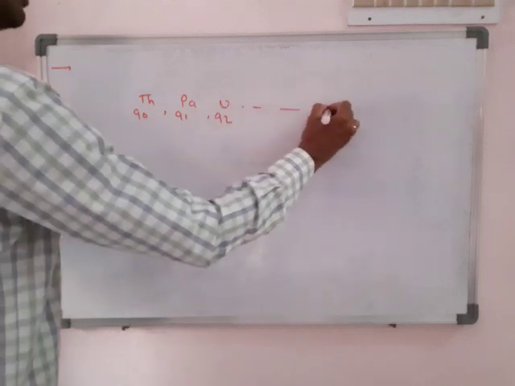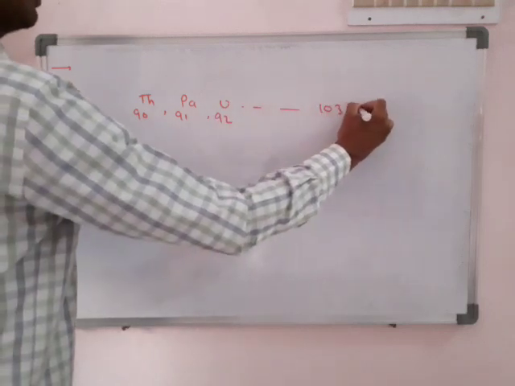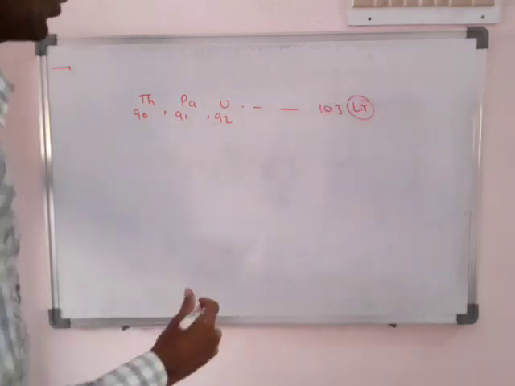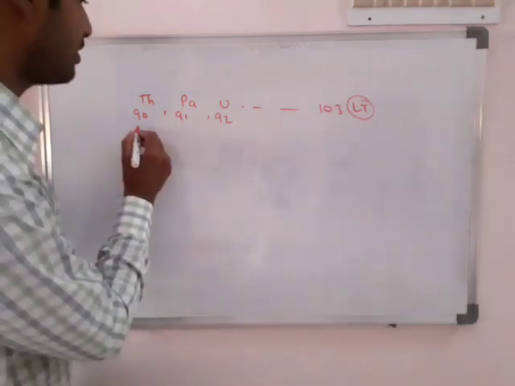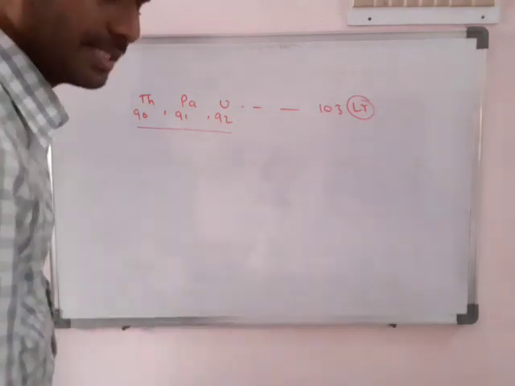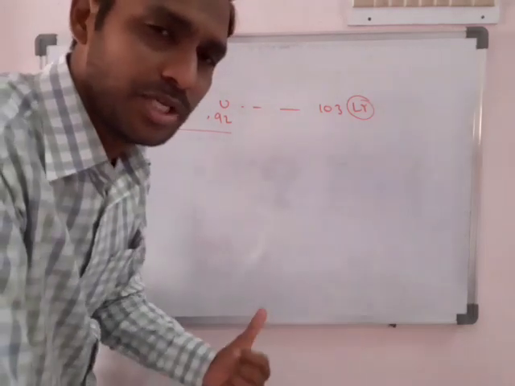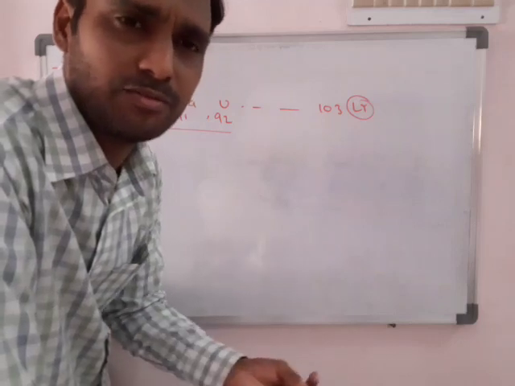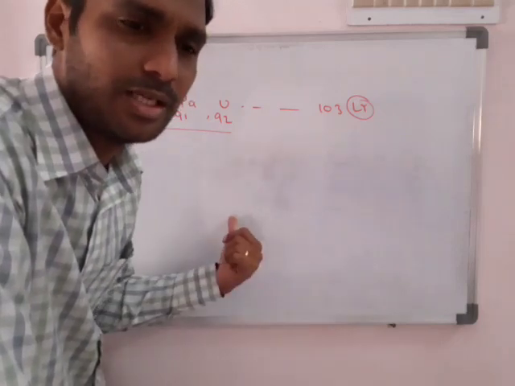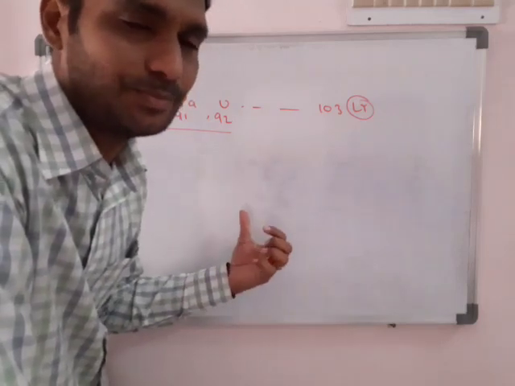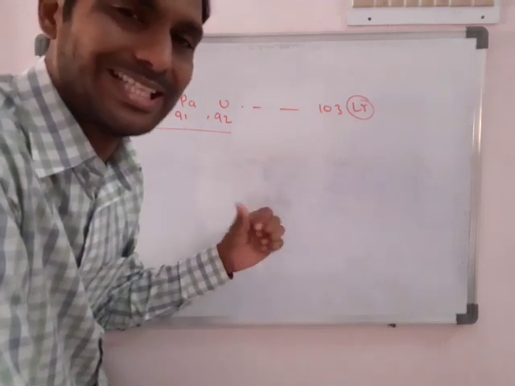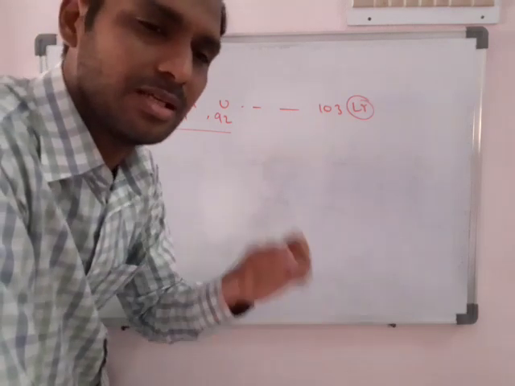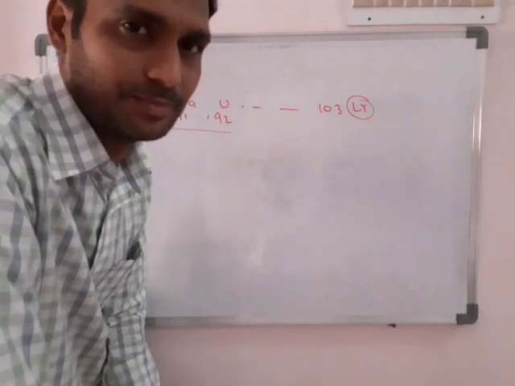Next, up to 103, that is lawrencium. Why I am saying again is that these first three elements are actually present in nature. Nature means generally in the form of soil. In soil we are able to get these elements in the form of their minerals.